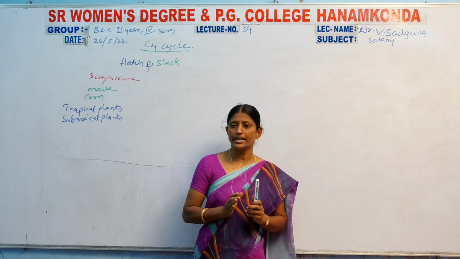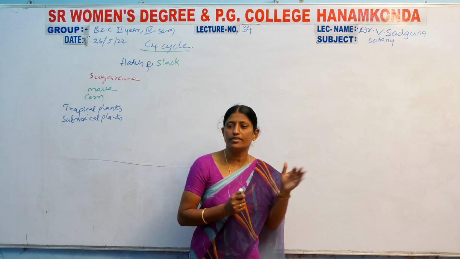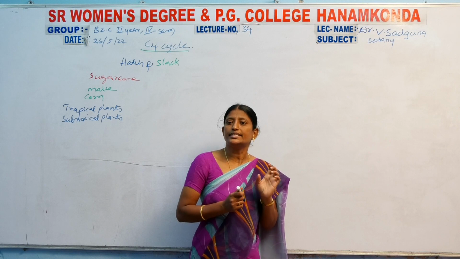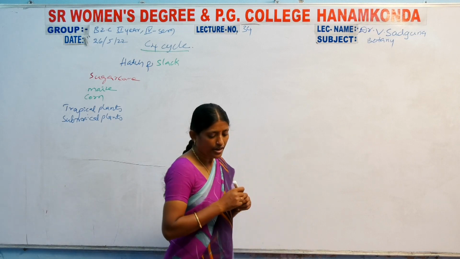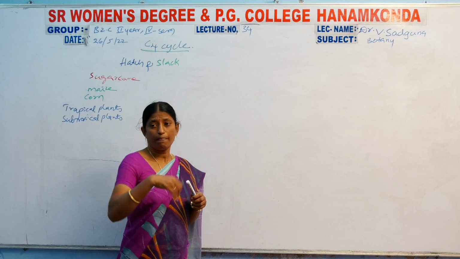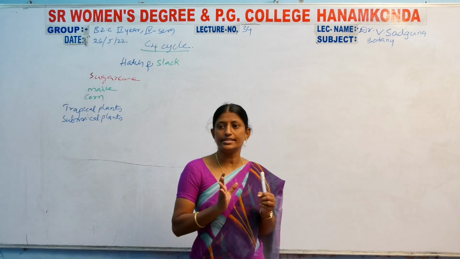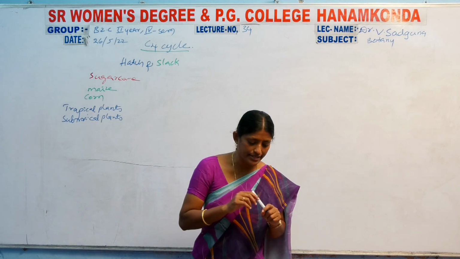Most of these plants in the world, like sugarcane, are C4 plants. Another kind of plant, in the Amaranthaceae family, Amaranthus, is also a C4 plant.